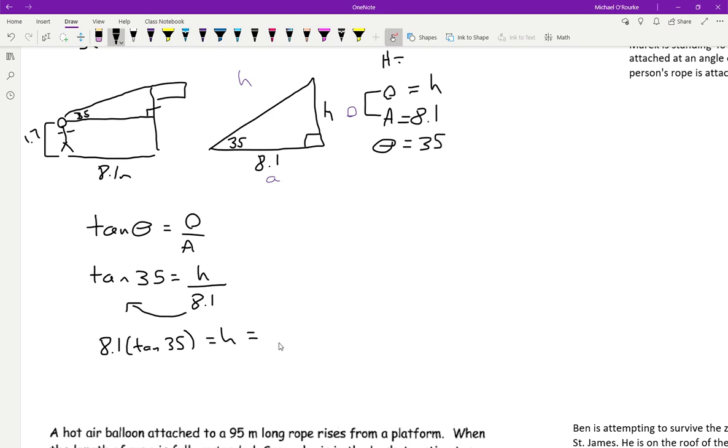I got 5.6. You might have written in 81 instead of 8.1. So 5.6 meters. And then we write a statement such as, is that the height of the flagpole? Yes or no? Is the height of the flagpole 5.6 meters?